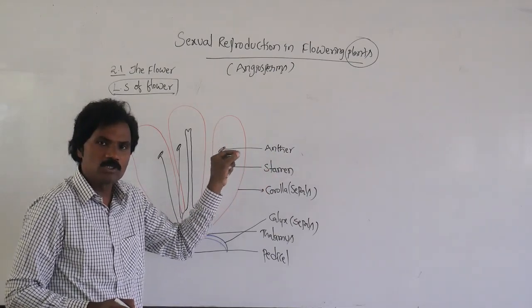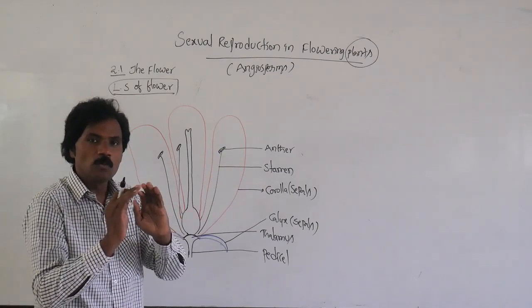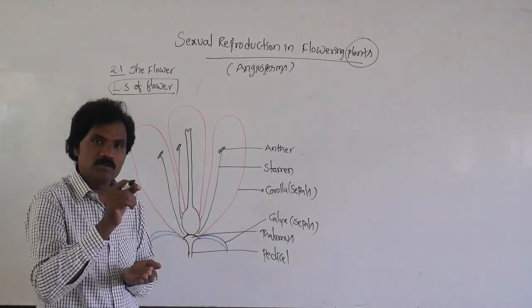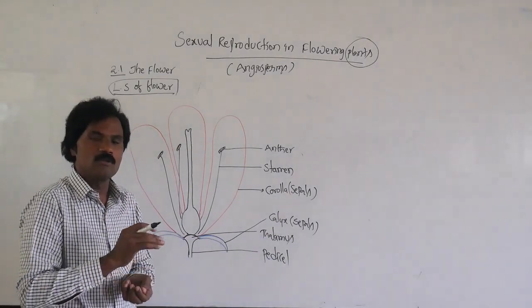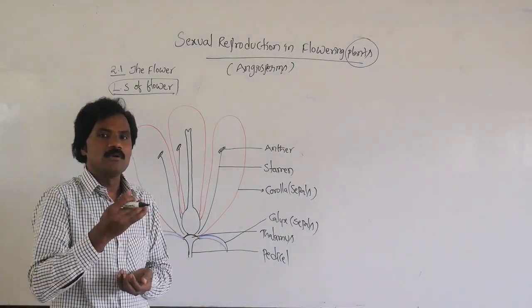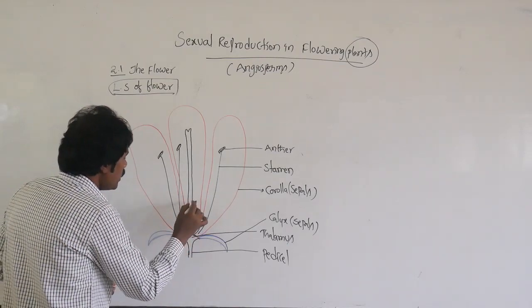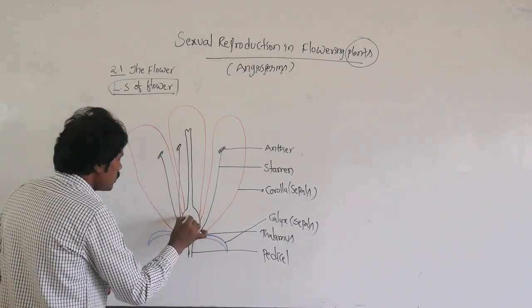Anther and filament collectively are called the stamen. The stamen is the male reproductive part. A group of stamens is called the androecium. If only the androecium is present, such flowers are called staminate flowers. Then the last whorl represents the carpels.